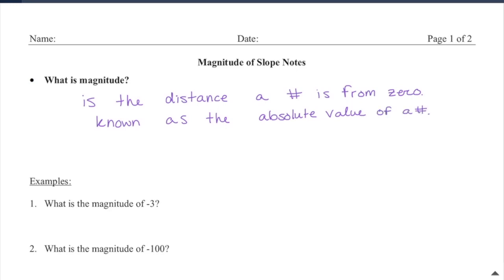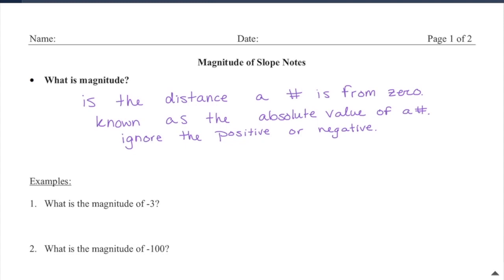When we look at the absolute value of a number, we ignore the positive and negative, so that we are just focusing on the distance the number is from zero.